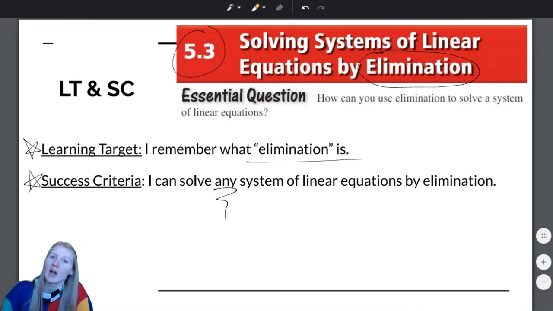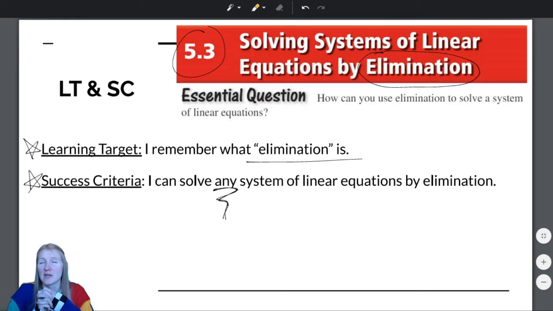So remember in 5.2 when we talked about substitution, and the first time we did substitution, we had x equals or y equals. And then we added on the part that we didn't have x or y equals, and we could solve any system by substitution.